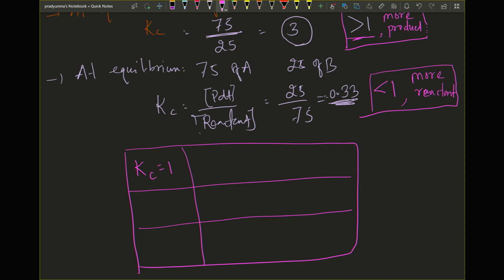Kc equals 1, so this means it's 50-50, an equal amount of reactant and product, equal amounts of A and B. If Kc is greater than 1, what should we get? We should get more product.